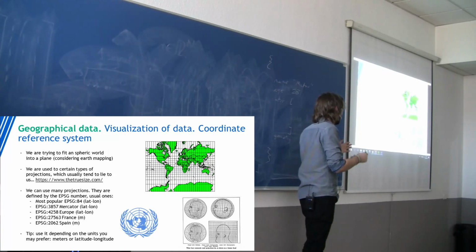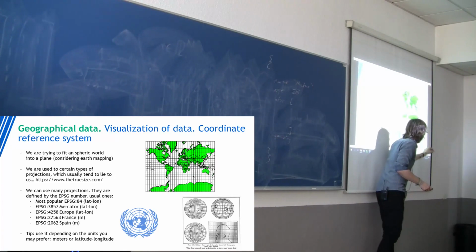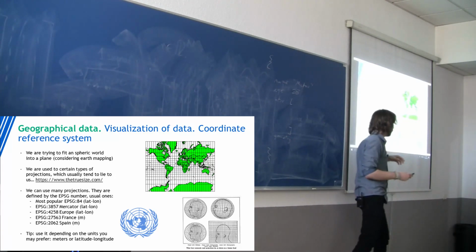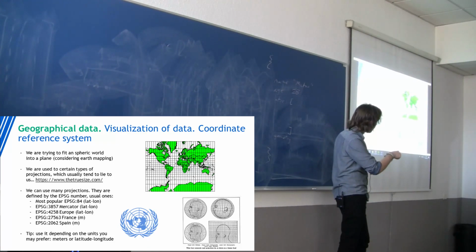We need to modify the way we see things. Think about this head. This is the way we may see the head, but if we want to put it in a Mercator projection, exactly the same as a map, then look how everything gets, I don't know, disrupted.